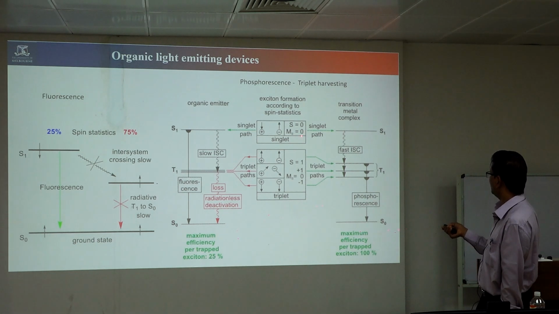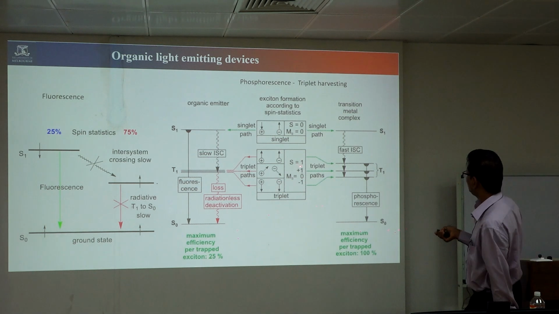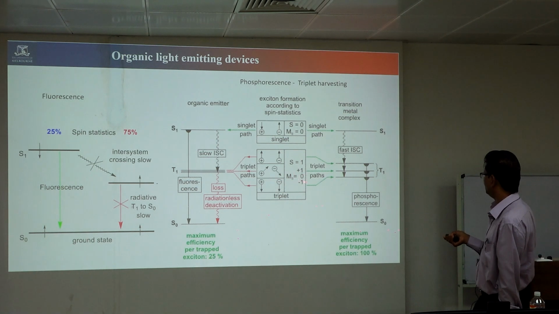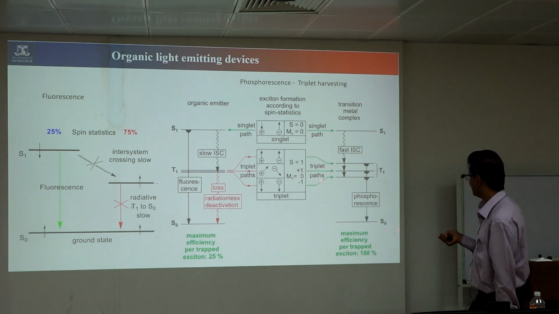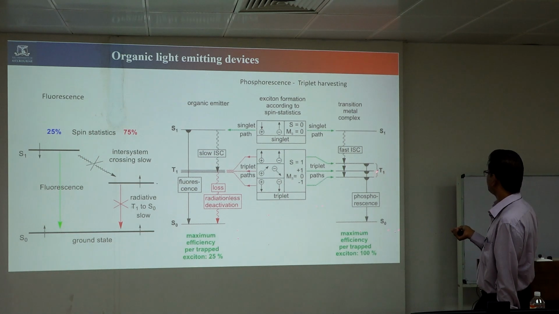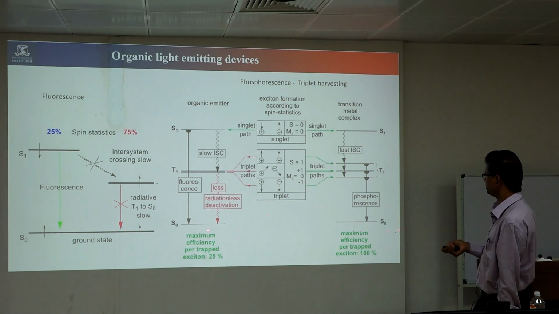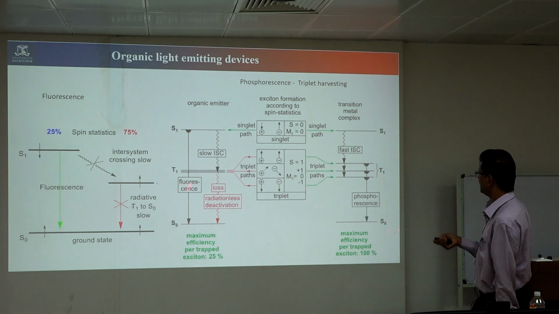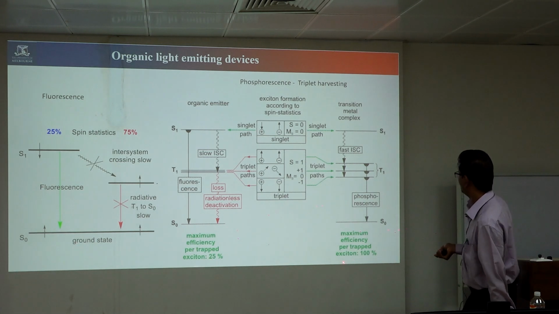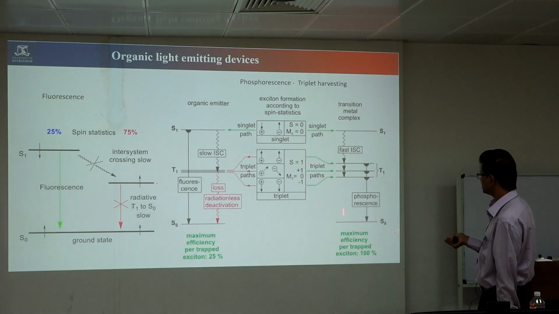After the intersystem crossing, the triplet pathway, if it is equal to 0, then magnetic quantum, this combination will give the remaining three states going to the triplet state. Again, this triplet state will come back to the phosphorescence scheme. So here only one state is coming out, for a maximum efficiency of 25%. The remaining 75% goes to exciton generation in the phosphorescence case.